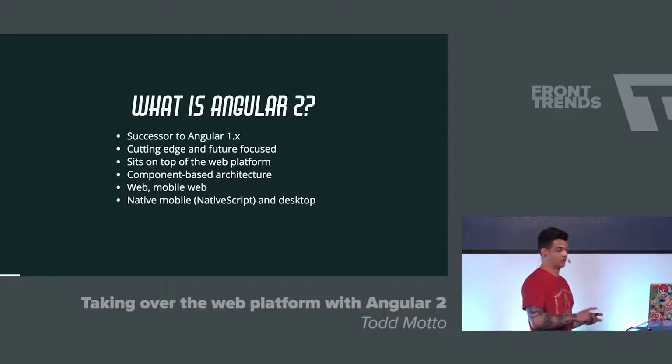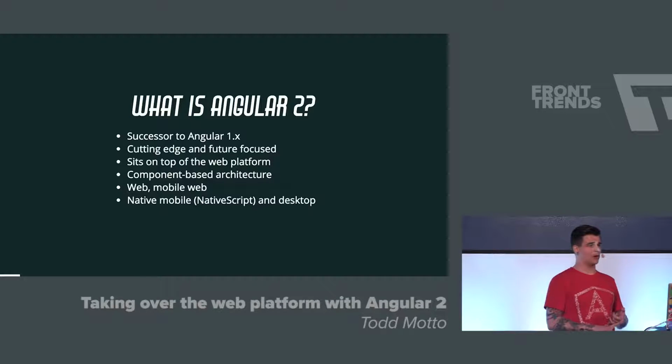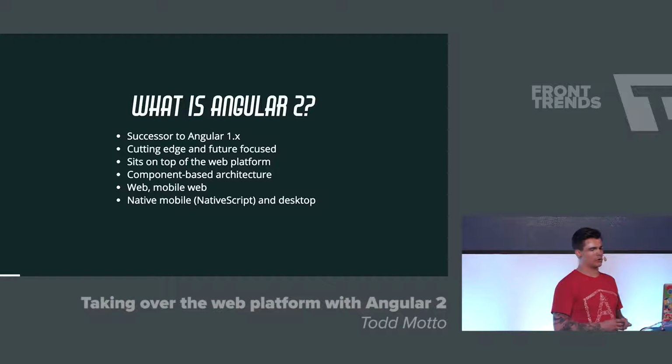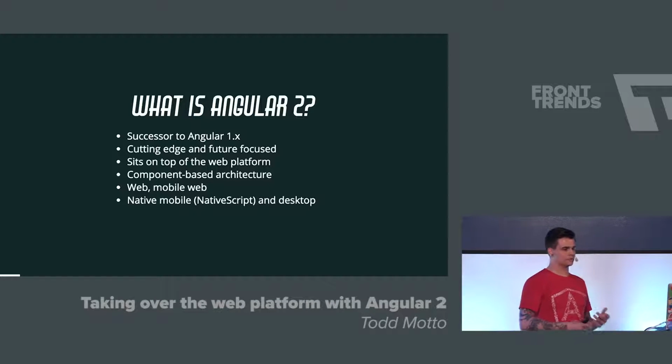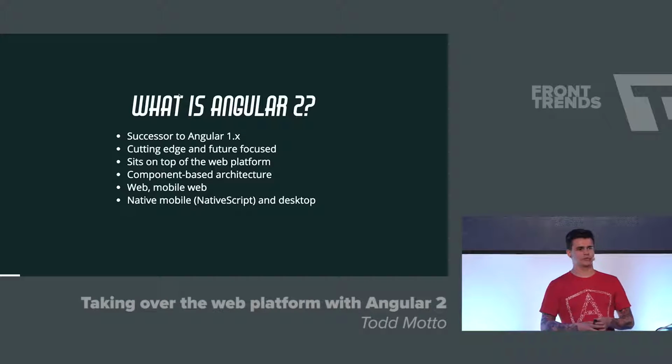It's obviously for web, otherwise we wouldn't be at the web conference, and mobile web. One of the performance things that they had in mind was to make it work fast on the mobile web, 60 frames per second, unless you write terrible code. And what's also interesting is, where you build traditional applications, you write HTML, CSS, and you bundle them all together and ship it off to the client.